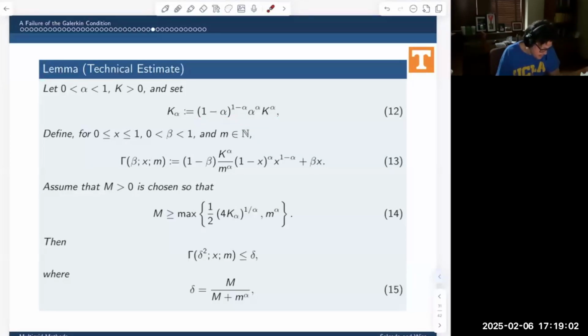Define, for x between 0 and 1 inclusive of 0 and 1, and beta between 0 and 1 but exclusive of 0 and 1, and any m in the natural numbers, I'm going to define this function. So it's a function of three variables, beta, x, and m. If I put in different values of beta, different values of x, and different values of this positive integer m, I should get different function values here.